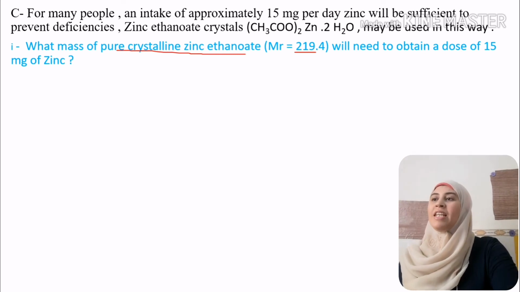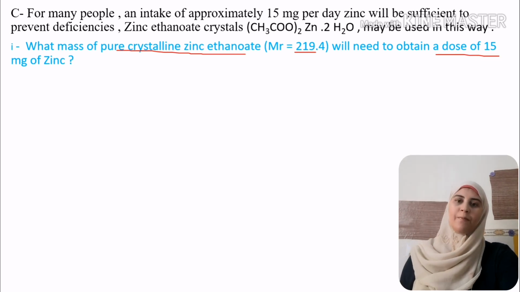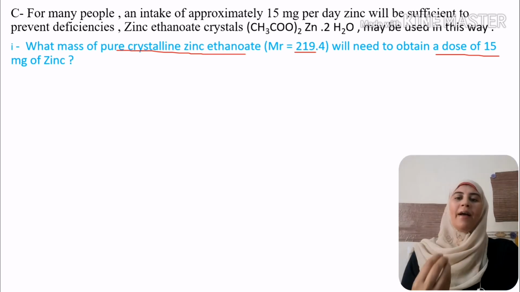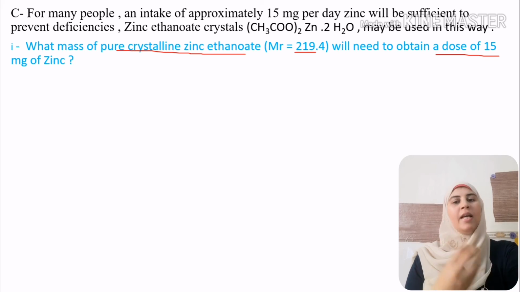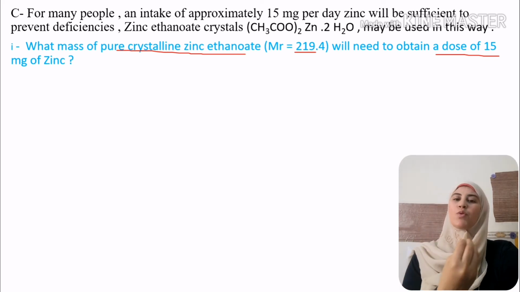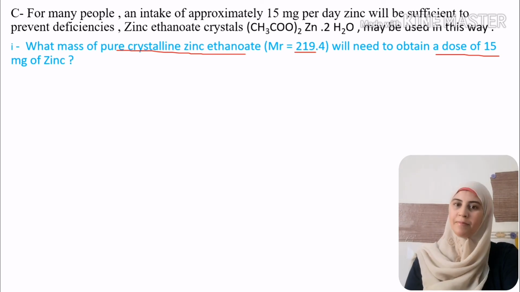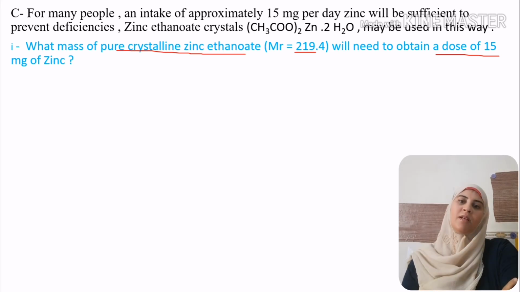We need to obtain a dose of 15 mg of zinc. Again, I have 1 mole of zinc ethanoate. Its relative molecular mass, its weight, is 219.4 gram. I want to take 15 milligrams of zinc.